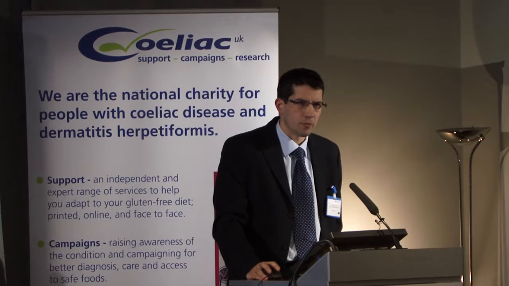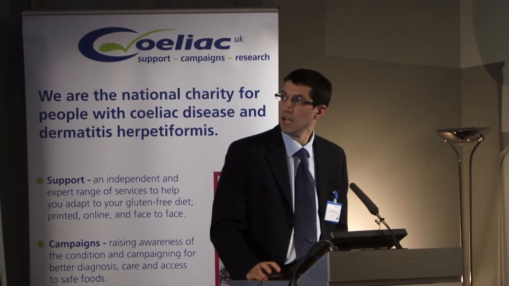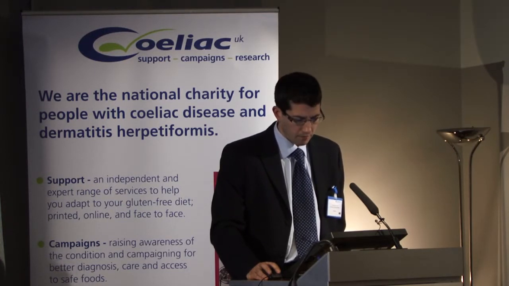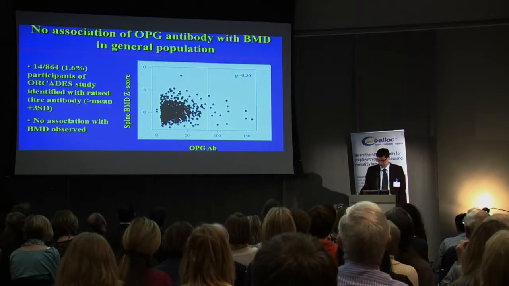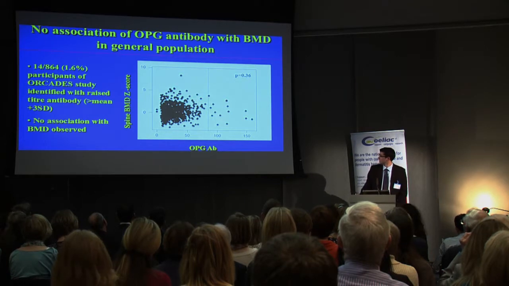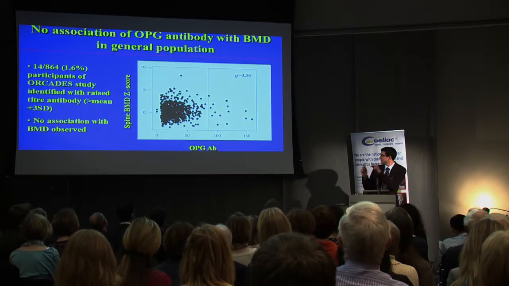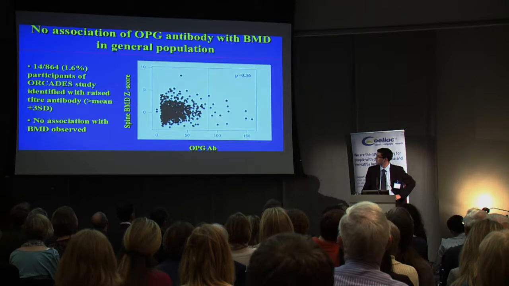About 1 in 6 of the entire population of Orkney actually took part in the study, and they've got bone density scans in all of them. So I was able to look in a healthy population isolate with our ELISA, and you end up with a bit of a splatter pot. If you'd asked my child to sit with an ink splatter and just do it, you'd get a similar effect.